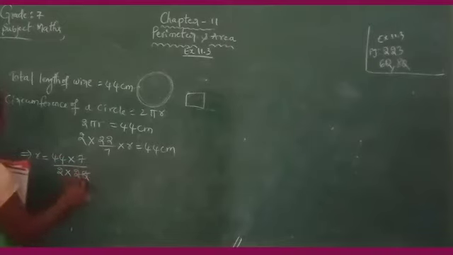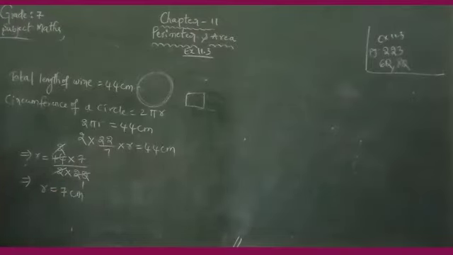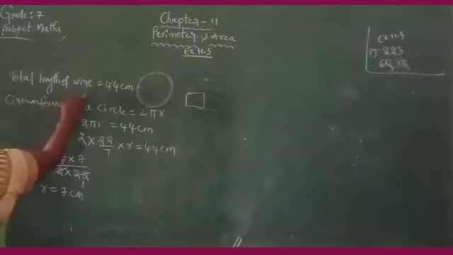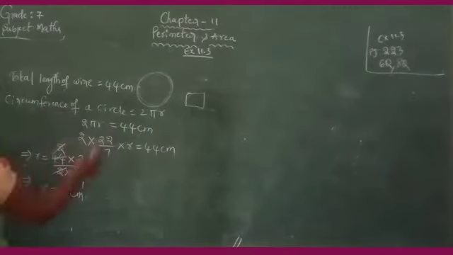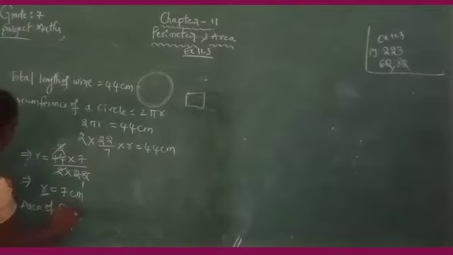Simplify: 22 ones are 22, 22 twos are 44. Then radius is equal to, 2 cancels, 7 centimeters. The radius of the circle is 7 centimeters. Now we have to find the area of the circle.